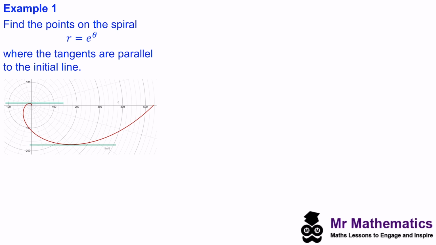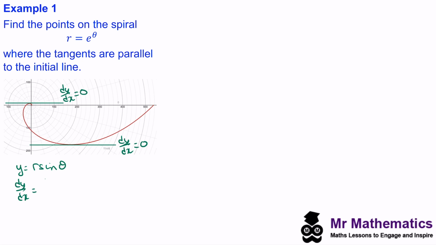If we consider the Cartesian gradient of a tangent in terms of dy by dx, where this would be the x-axis and this would be the y-axis, then dy by dx at each of these points, the gradient will be 0. And we covered in a previous video that the polar equivalent for y is r sine theta. So to work out dy by dx, we need to use the chain rule.